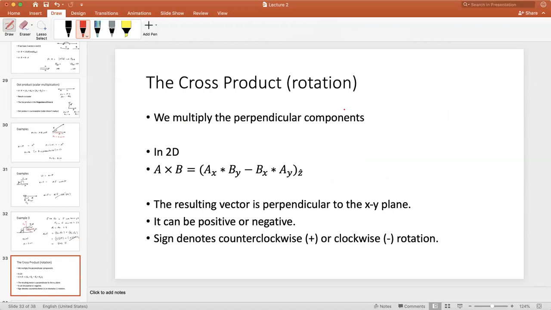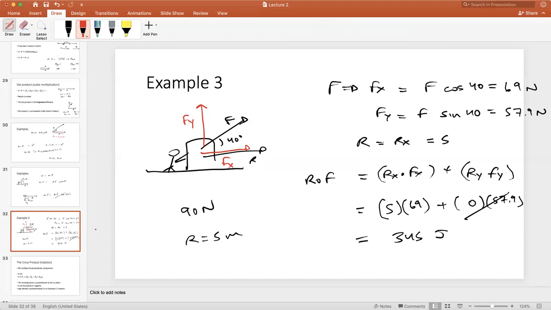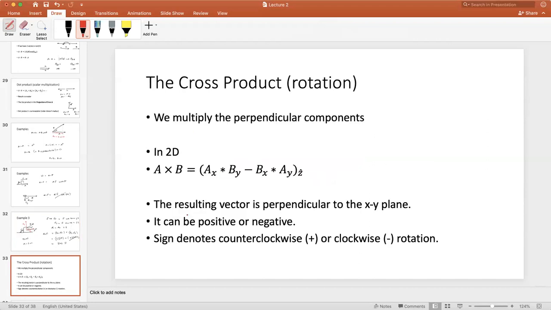And when we multiply, onto the cross product. So the cross product is the opposite or different than the dot product.